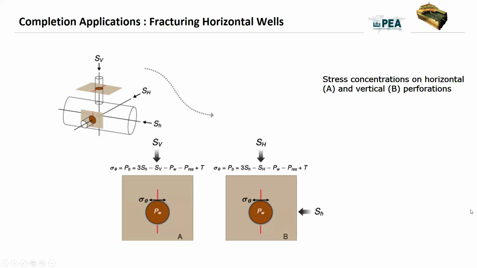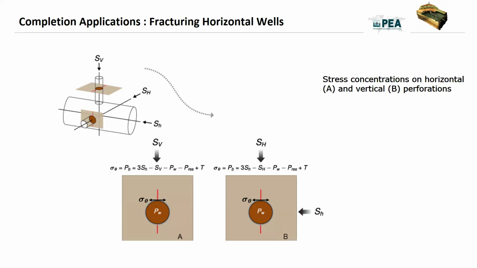So here, this figure shows the idealized stress around the perforation slot from a horizontal well drilled at the azimuth of minimum horizontal stress, and the red line indicates the fracture initiated from horizontal and vertical perforations.